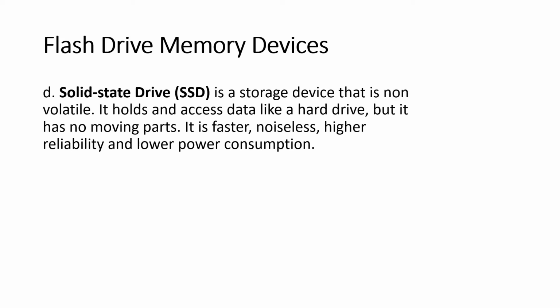Flash drive memory devices. We have the solid state drive, or SSD, a storage device that is non-volatile. It holds and accesses data like a hard drive, but it has no moving parts. It is faster, noiseless, with higher reliability and lower power consumption.